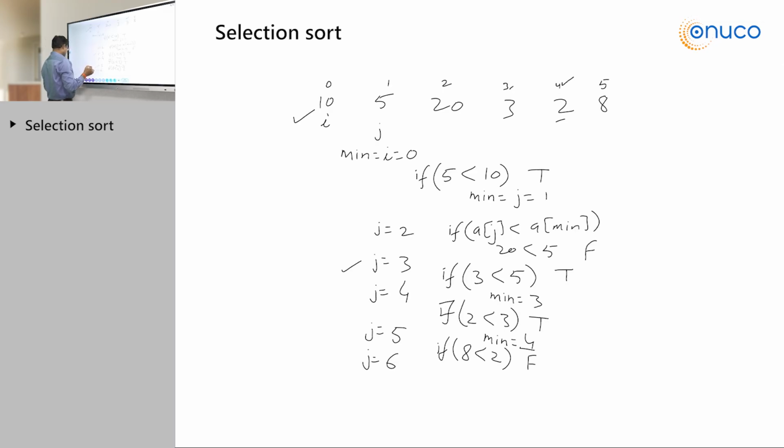Now at the place of 2 we got 10, because 2 and 10 got swapped, and the last element was 8. After the first iteration we got new values, and we can see that this 2 is the minimum element that has already been swapped, already been sorted, sorry, right?